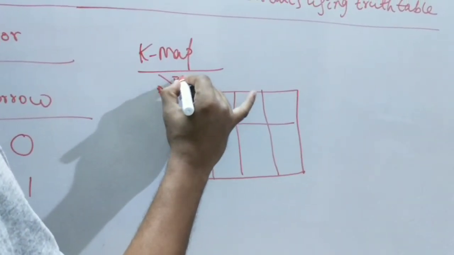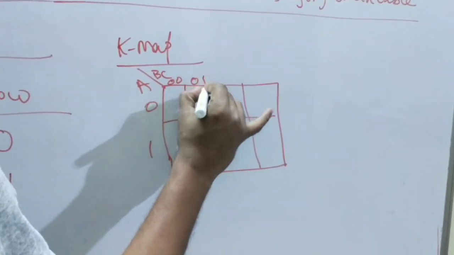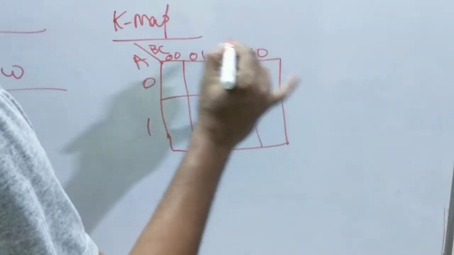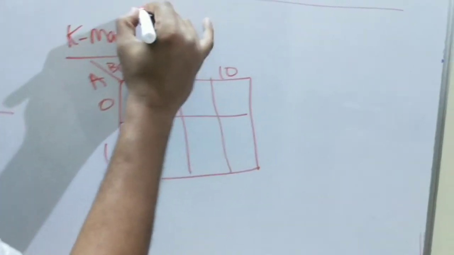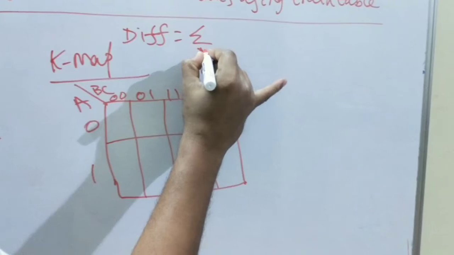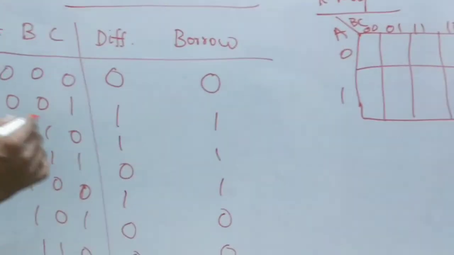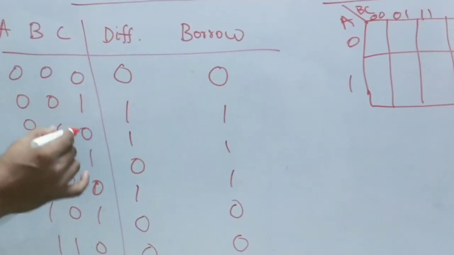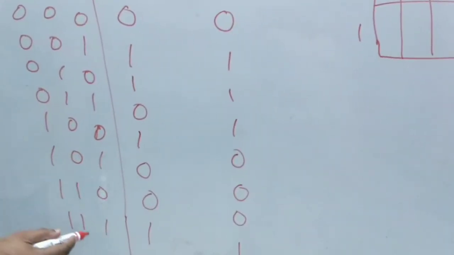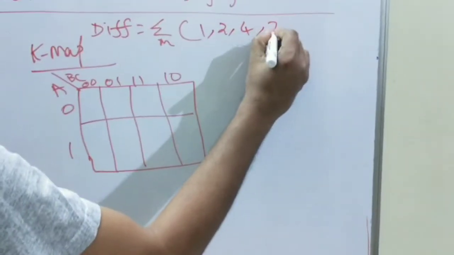A, B, C, 0, 1, 0, 0, 0, 1, 1, 1, 1, 0. Okay, for difference. What is the expression for difference? Sigma m, so that it would be very easy. Sigma m for what are all things, it is 1: 1, 2, 4, 7.